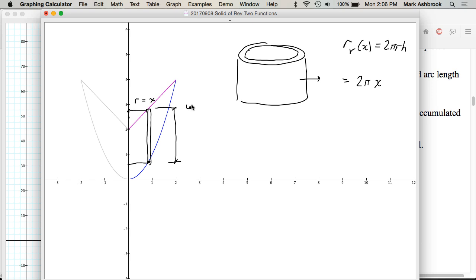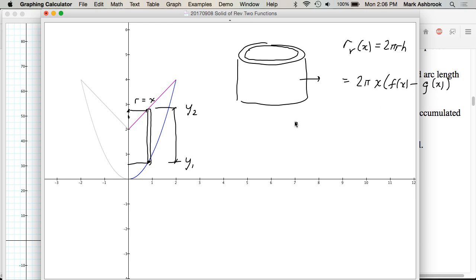So it's kind of like we have two different y's, and that distance is the change in y. And how do we get the change in y from this y coordinate here to this y coordinate here? Yeah, exactly. It's going to be whatever this value of this function is, f of x minus g of x. And we know what those are.